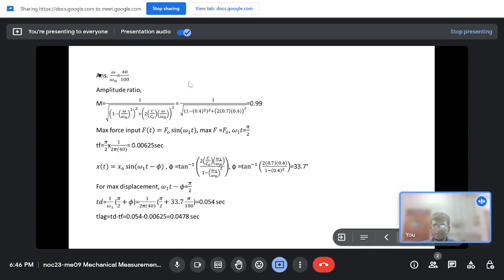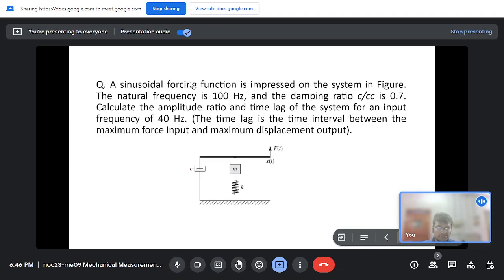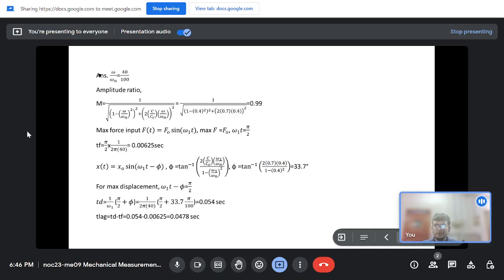I'll explain again. We have a sinusoidal function which has been forced on a second order system with a natural frequency of 100 Hz and a damping ratio of 0.7, with an input frequency of 40 Hz. We use the second order system magnitude ratio or amplitude ratio, and we know the frequency ratio and damping ratio. We substitute and we get a magnitude ratio value of 0.99. Then the time lag is the difference between the time at which maximum displacement occurs and the time at which maximum force occurs.